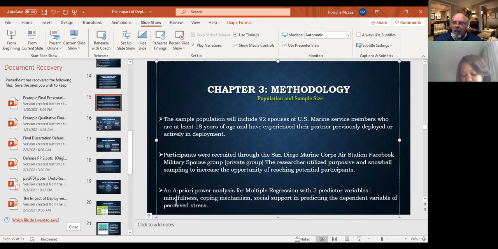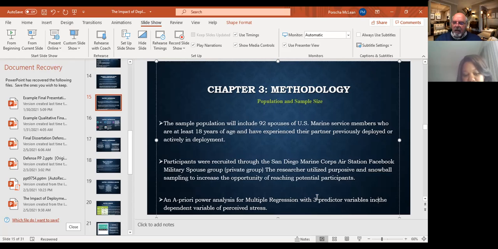They already know what they are. Indicated that the minimum sample size needed was 85 or whatever it was, and your sample size was 92. So a minimum sample size of 80 participants. An a priori power analysis for multiple regression with 3 predictor variables indicated a minimum sample size of 80. That's good. Perfect.